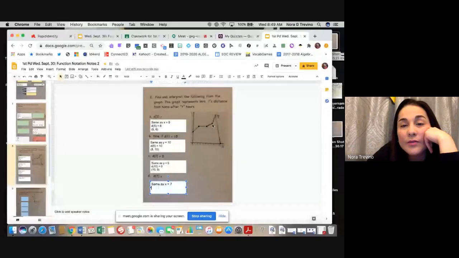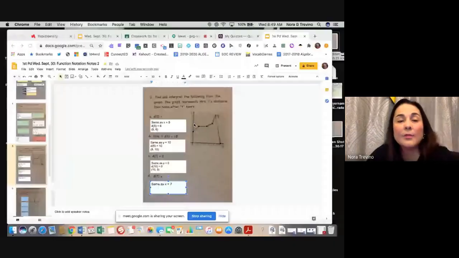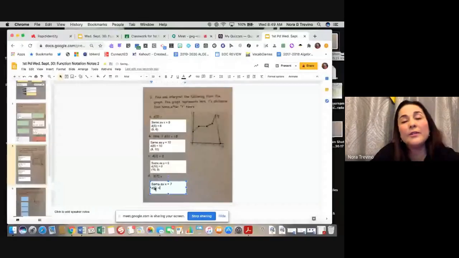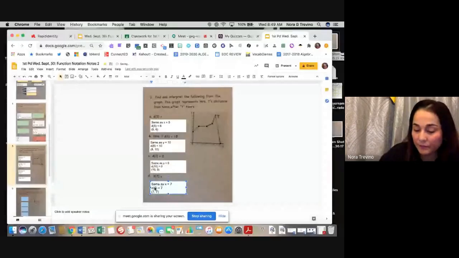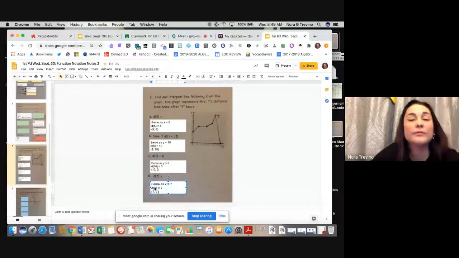And what Y value is that going to be? 7. 7. Very good. So I'm going to put d of 7. That was the x that was given to me. Equaled also 7. There it is. All right, questions there?